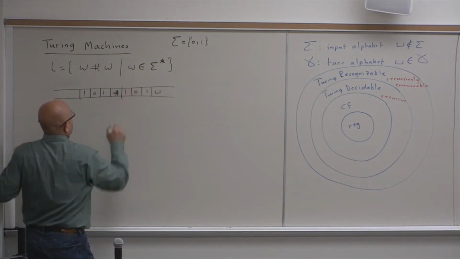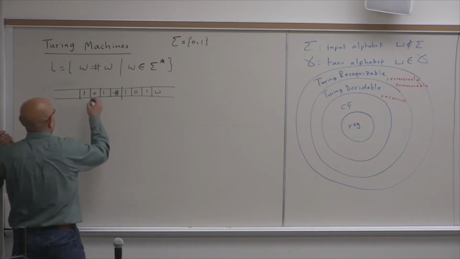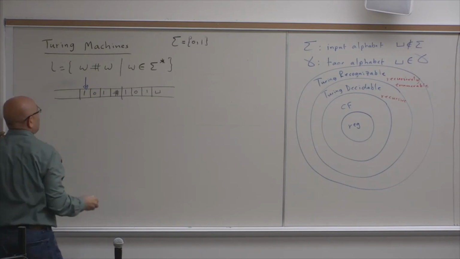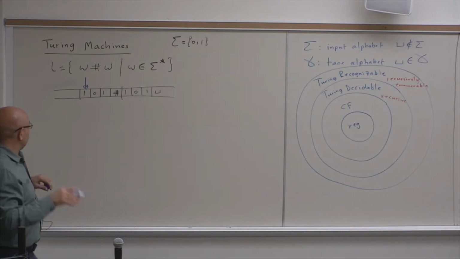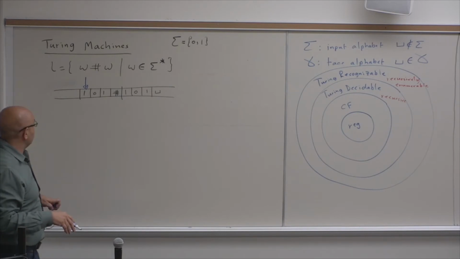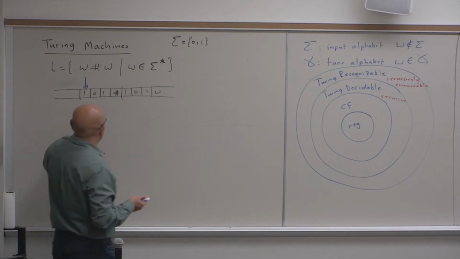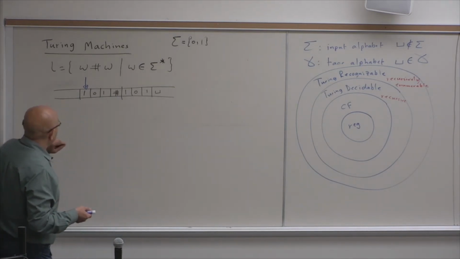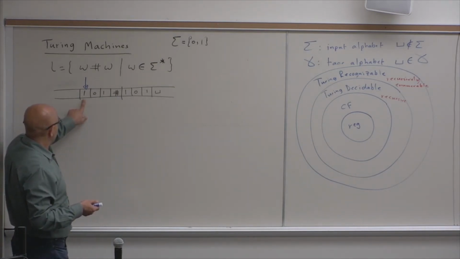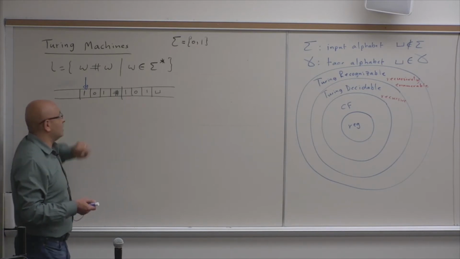This is the input string, and this is the Turing machine, and this is the head of the Turing machine. The head can go left and right, and it can also write. The algorithm for recognizing this is checking if the first symbol matches the first symbol after the pound, and the second matches the second after the pound.